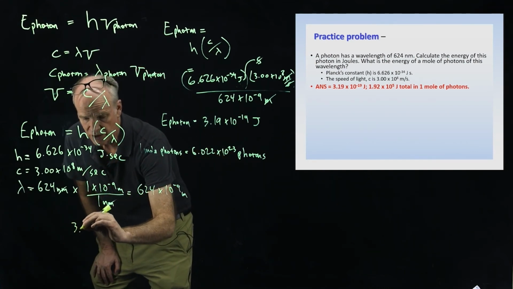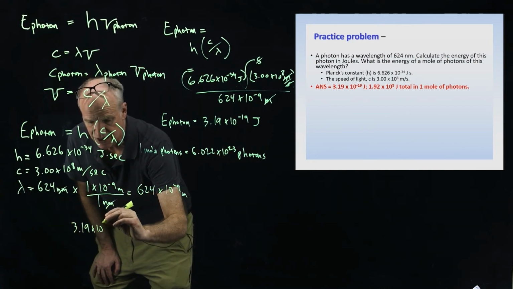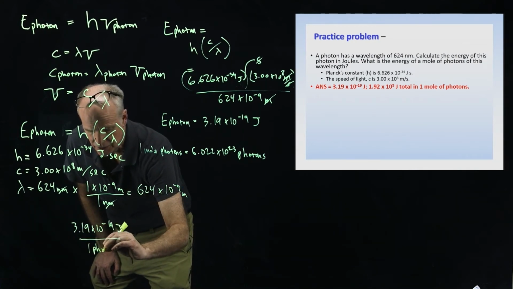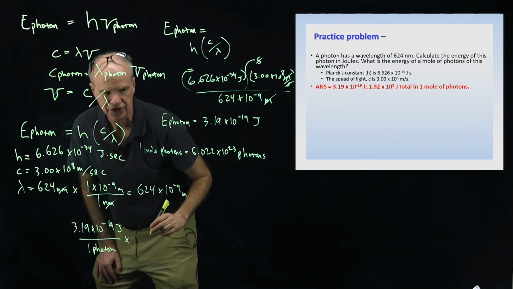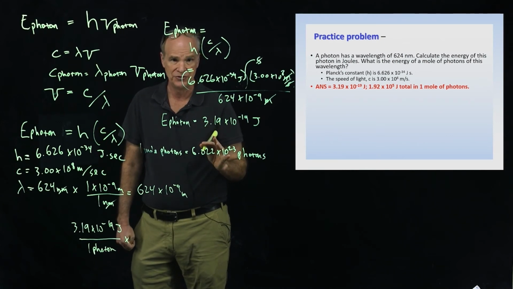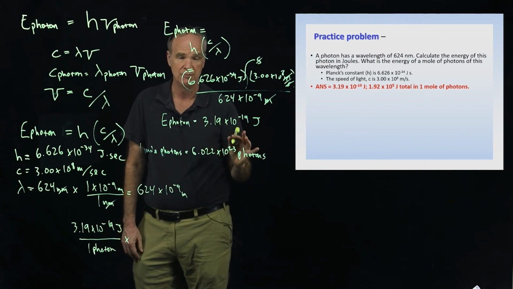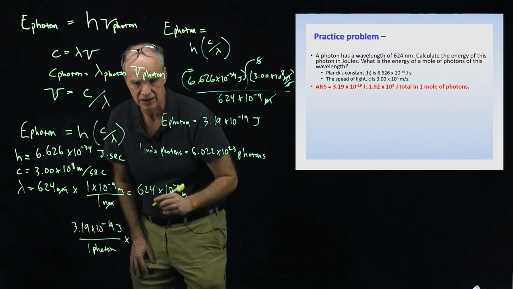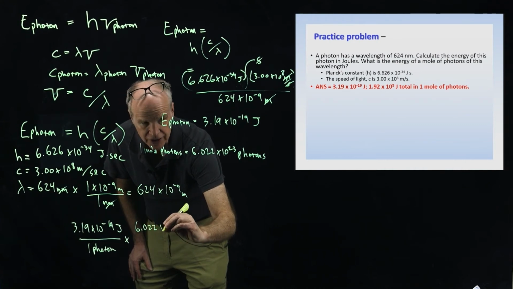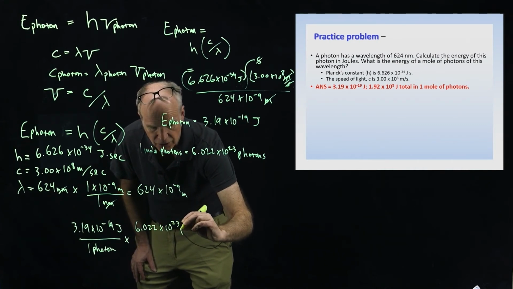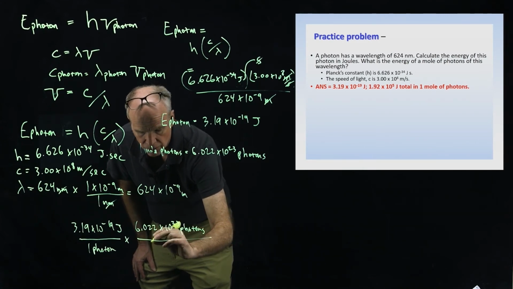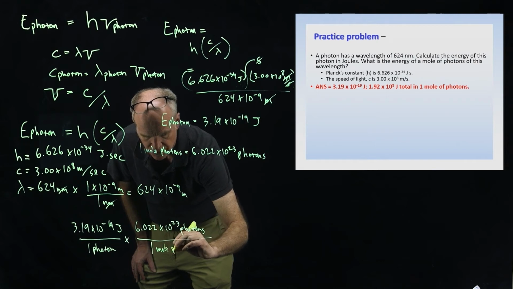It would be 3.19 times 10 to the negative 19 joules found in 1 photon. And we're going to multiply this by a fraction such that the number of photons cancels, to get an answer in a mole of photons. So I would write times 6.022 times 10 to the 23 photons over 1 mole of photons.